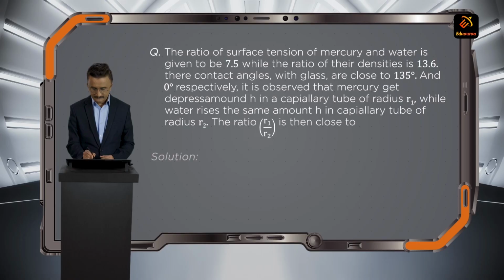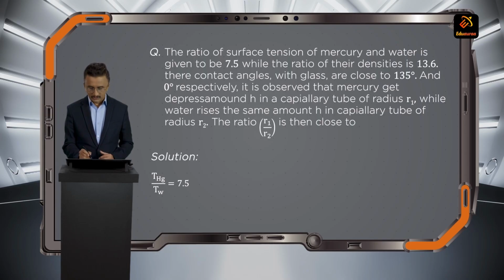So we have given the ratio of the surface tension of the mercury and the surface tension of the water. T Hg upon T water is equal to 7.5. And the ratio of density of mercury and density of water is 13.6.